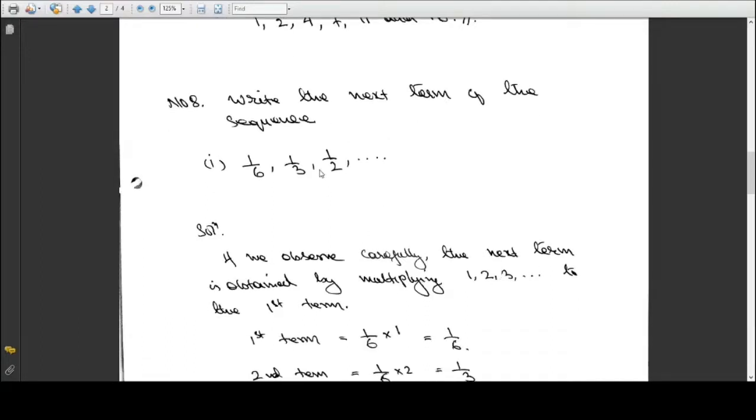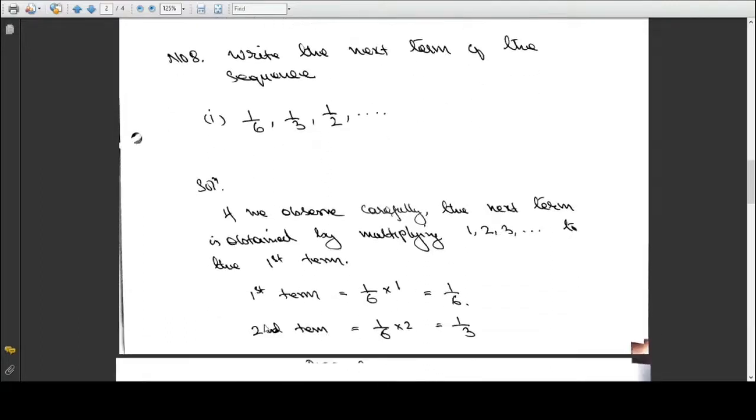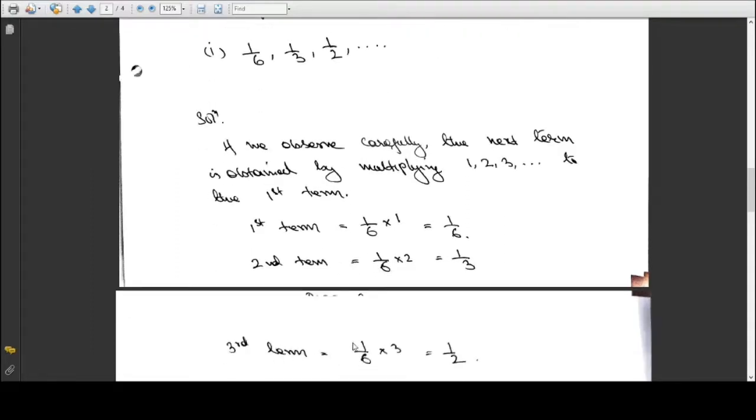Multiplying by 2, cancelling 2 with 6, 2 ones are 2, 2 threes are 6, and you get 1 by 3. The third term we get by multiplying 1 by 6 with 3: 3 ones are 3, 3 twos are 6, so we get 1 by 2. The first term you get by multiplying 1 by 6 by 1.